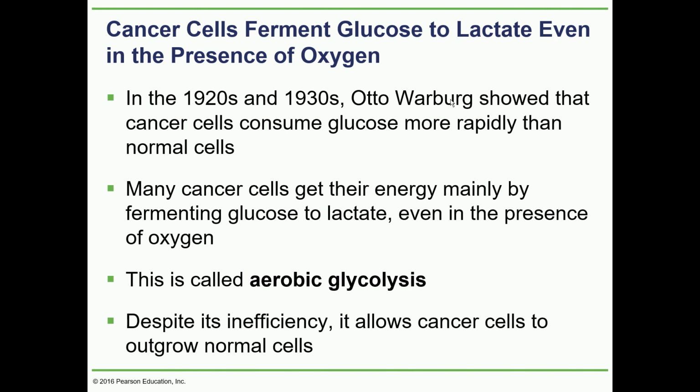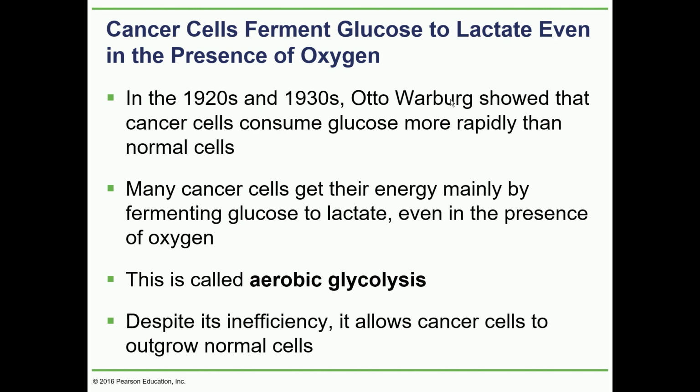So why do cancer cells do that? Because fermentation is a very inefficient process of producing energy. Only two molecules of ATP are produced in this process. The yield of energy is very low. But why do cancer cells prefer to do aerobic glycolysis? Aerobic glycolysis is basically fermentation taking place in the presence of oxygen.